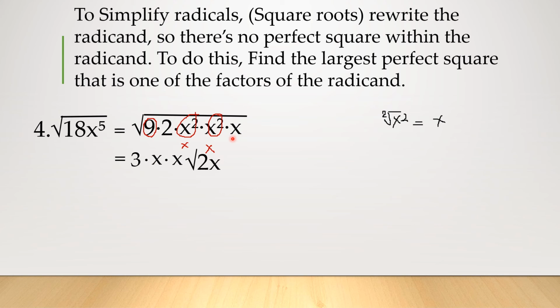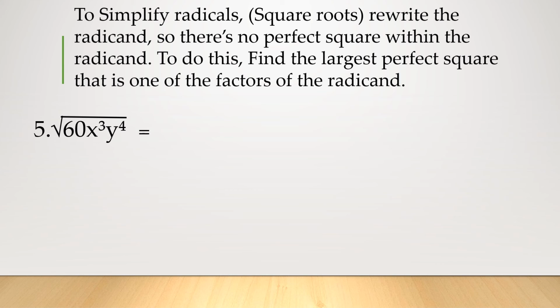That is 2x. Now I can multiply simply this: 3 times x times x is x squared. So that is 3x squared times the square root of 2x. Or 3x squared square root of 2x. That's the final answer.